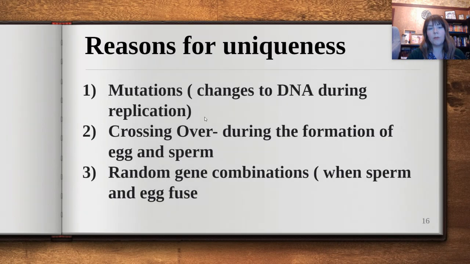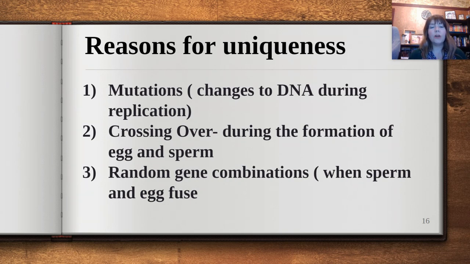Now, the other important part about it is it creates for uniqueness. So when we look at DNA, DNA is unique because of these couple things that occur. Now, when we copy DNA, it's not the most perfect thing every single time because there's so much to copy. So sometimes there's a slight change, what we call mutations.